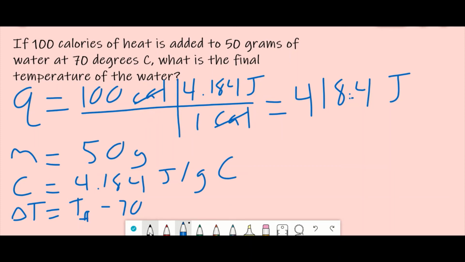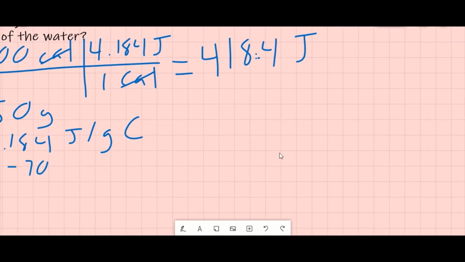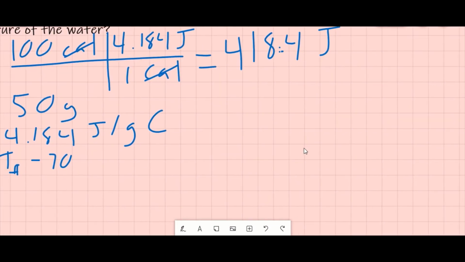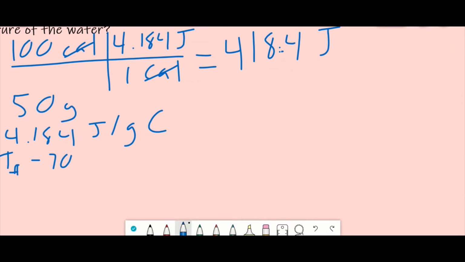So let's move this over just a bit so we can still see everything. I'll change this to green now.